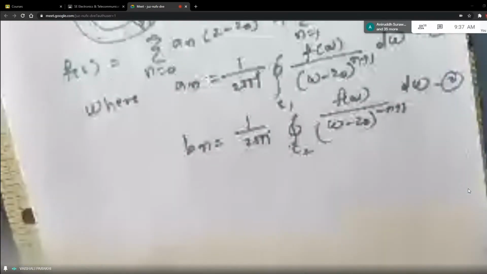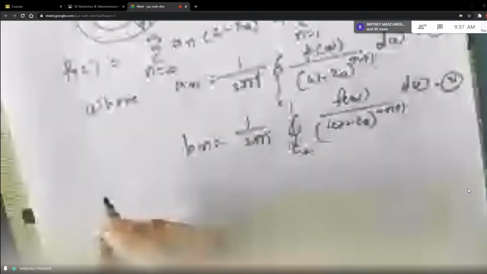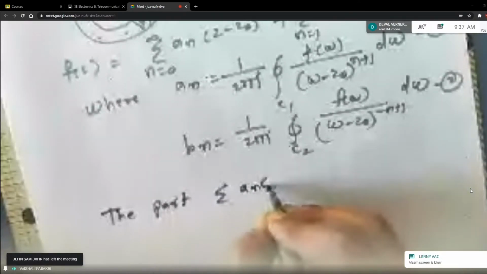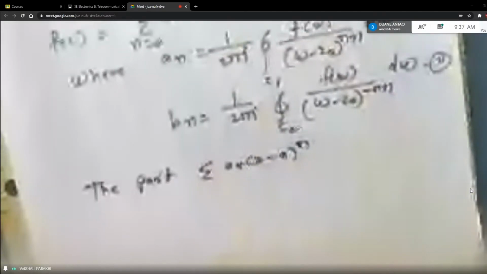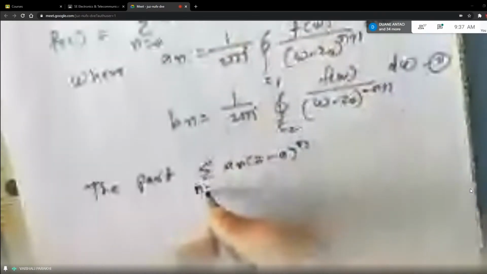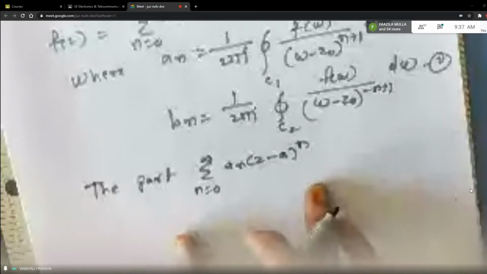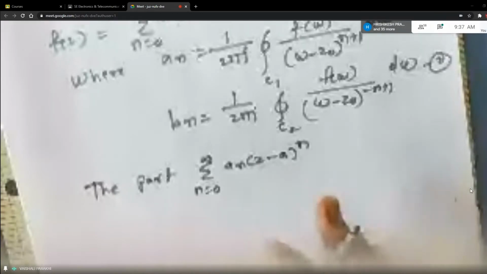Now see what happens here, students. Summation of a n z minus a raised to n. Let us take a in place of z naught, n from 0 to infinity. That is the first part I am taking. This consists of positive integral powers of z minus a.